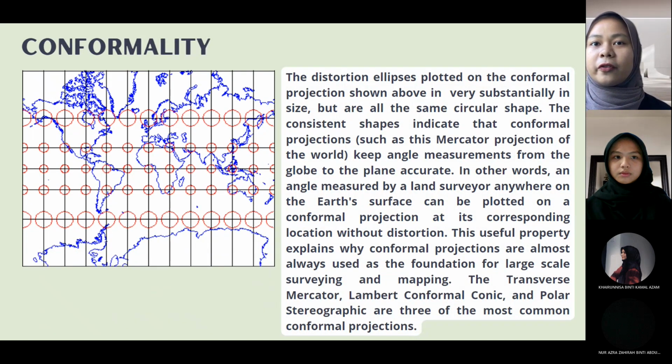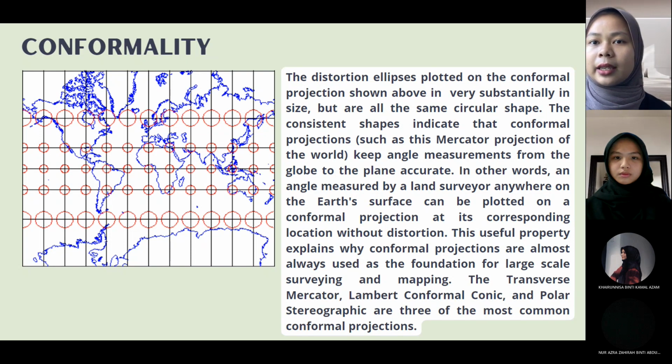Alright, for conformality, the distortion ellipses plotted on the conformal projection shown above vary substantially in size, but are all the same circular shape. The consistent shape indicates that conformal projections, such as this Mercator projection of the world, keep angle measurements from the globe to the plane accurate.